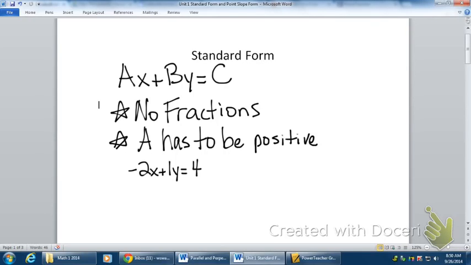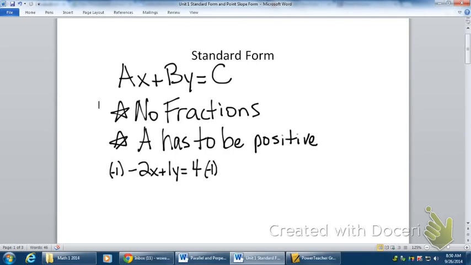To change that to positive, you need to multiply both sides times -1. If your a is positive, to change it to a negative, you also multiply both sides times -1.